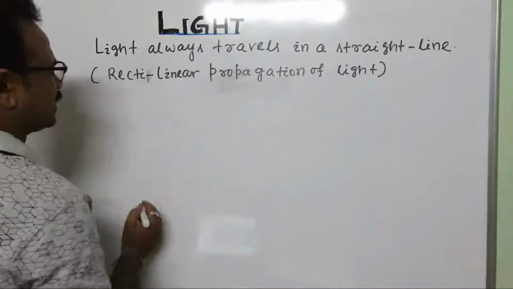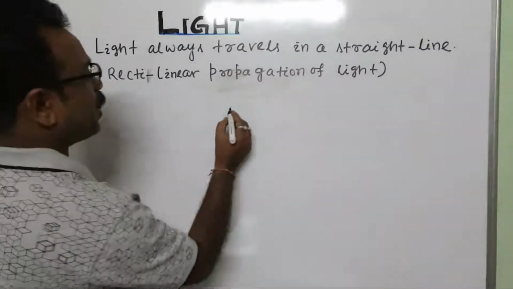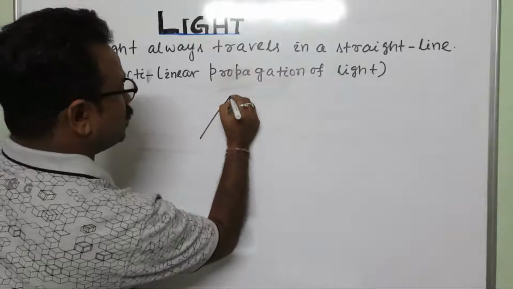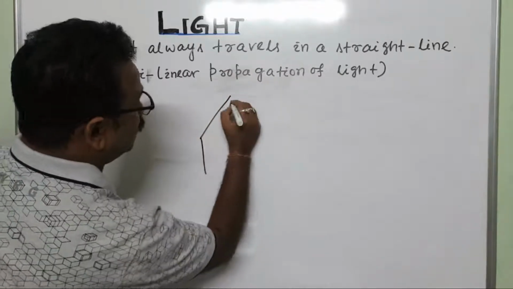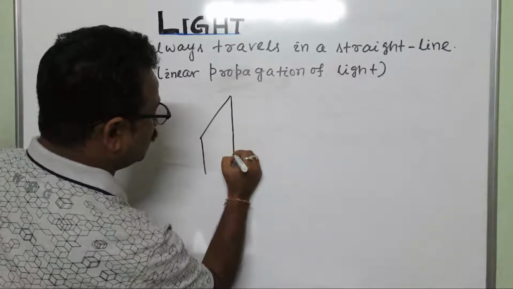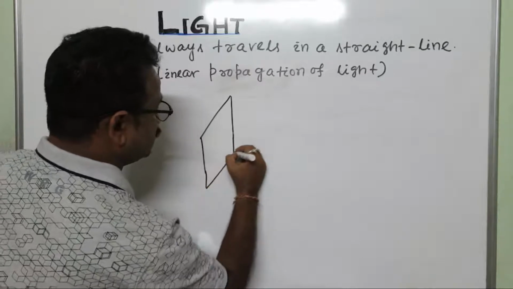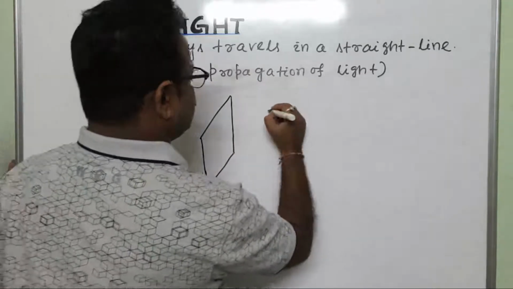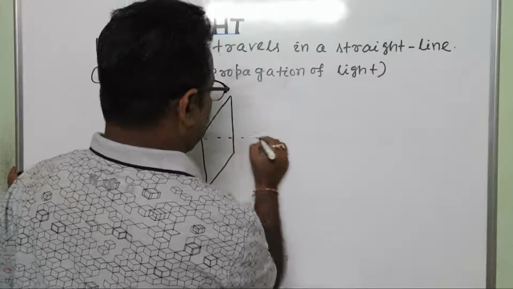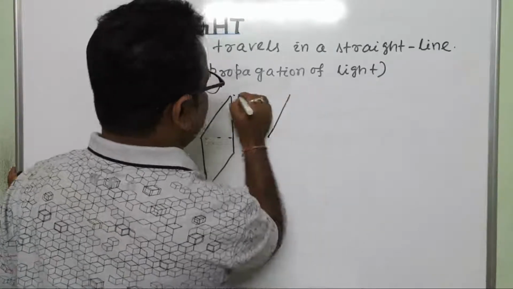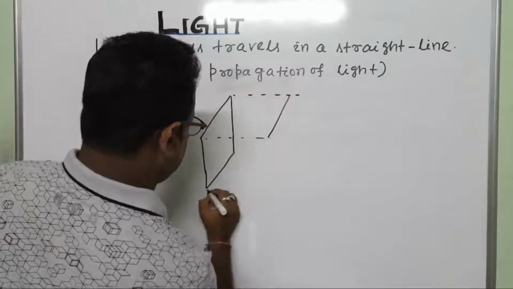So now take an example. Suppose we put the cardboard here. This is one cardboard, and this is another cardboard.